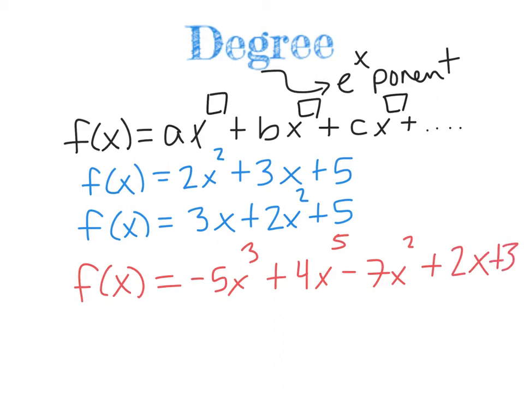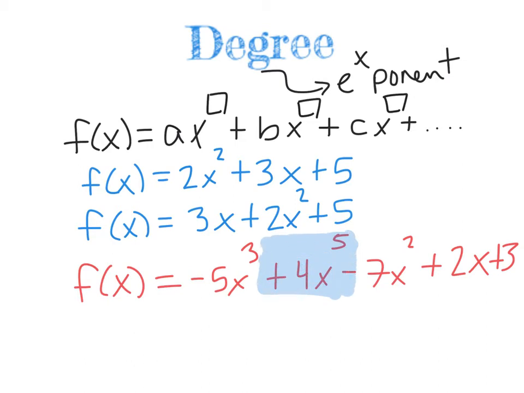If you're looking at a polynomial like this, the first thing you want to do to look at the shape or the type of behavior you're going to be dealing with is identify the degree of this polynomial. What is the highest exponent that I'm dealing with? And if you notice, the highest exponent is right here. The highest exponent tells me that this function is an x to the fifth kind of function.